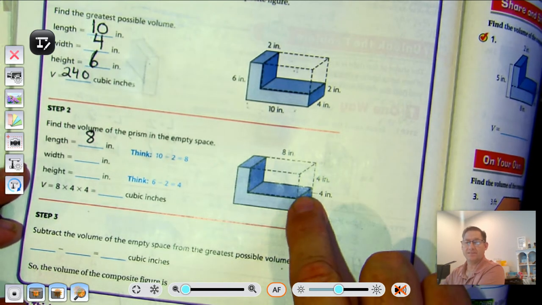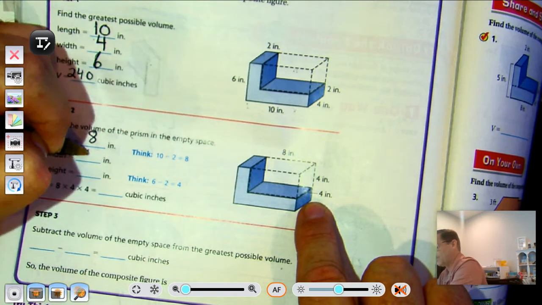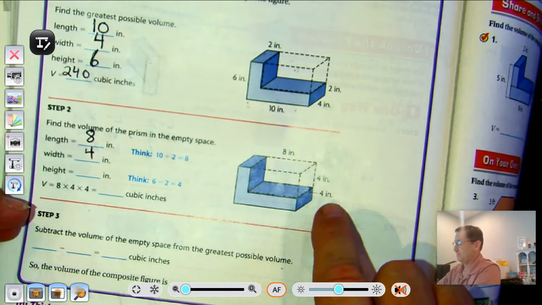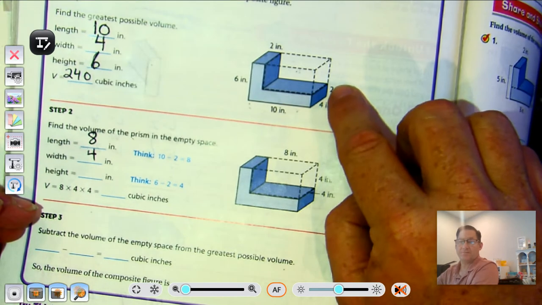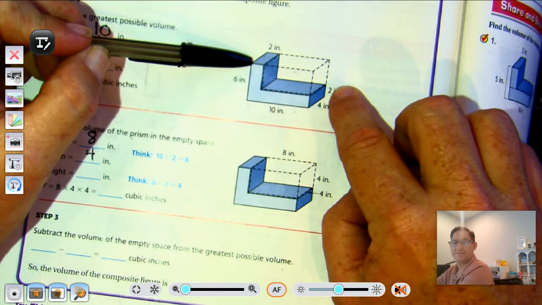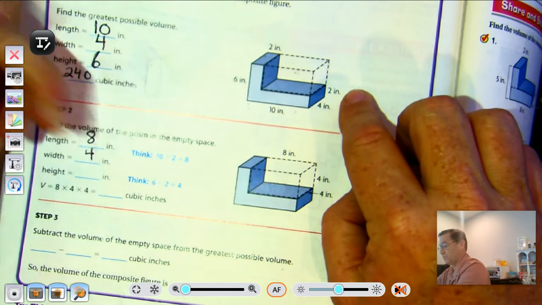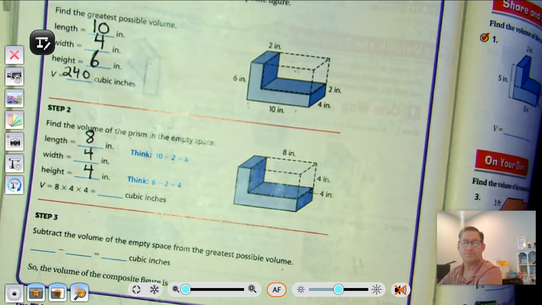The missing space has the same width as the part that is there. And the height of the part that's there is 2, and we know that the whole thing is 6. So 6 take away 2 would give me a height of the missing space of 4.